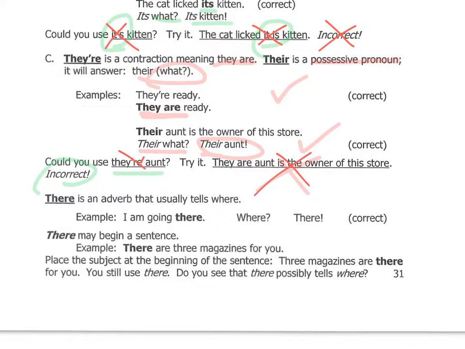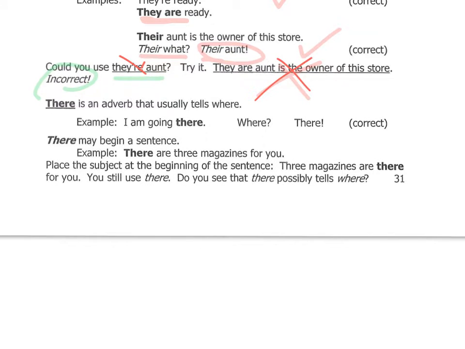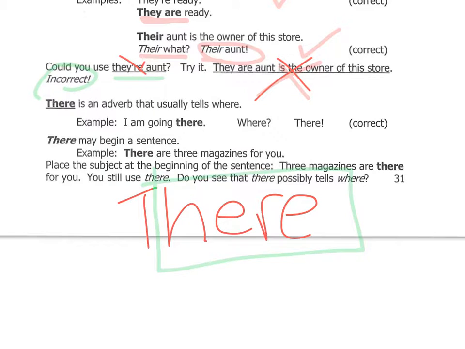Okay, there's another there, just to make things a little more confusing. Now, this book doesn't say this, but let me show you something. T-H-E-R-E. What do you see? I see the word here. When you see that, you're talking about location. Where is it? Is it here or is it there?